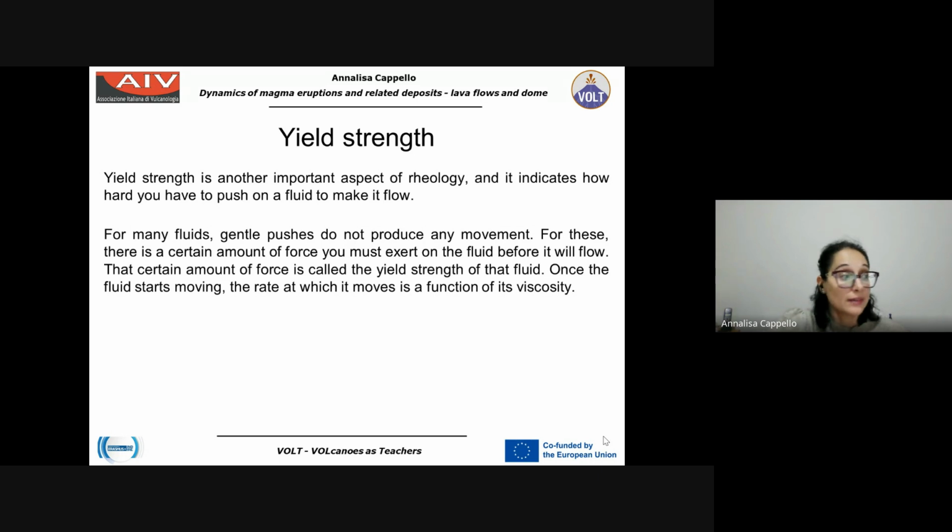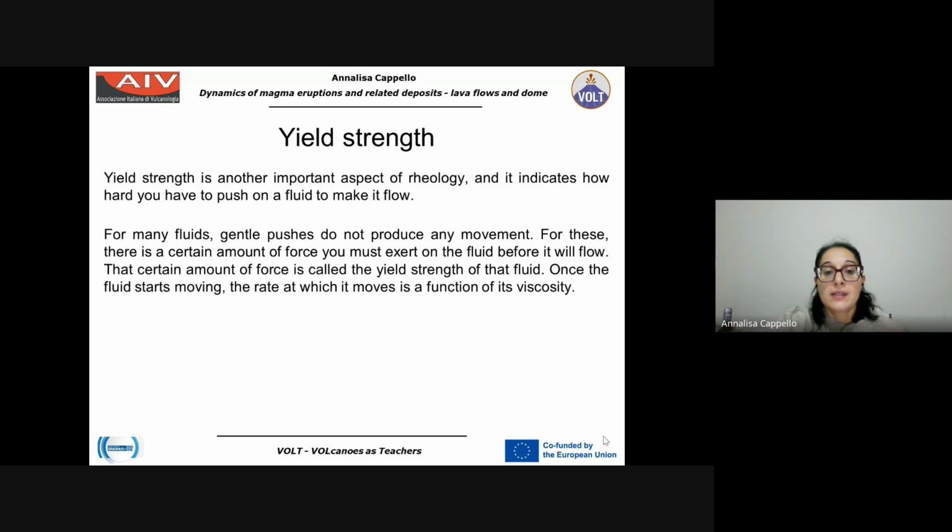Yield strength is another important aspect of rheology, and indicates how hard you have to push on a fluid to make it flow.